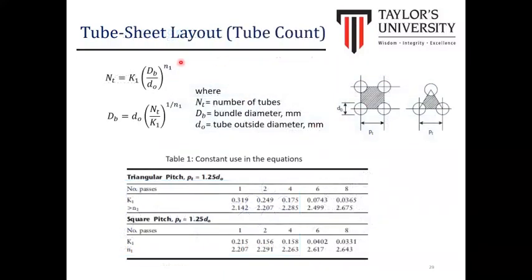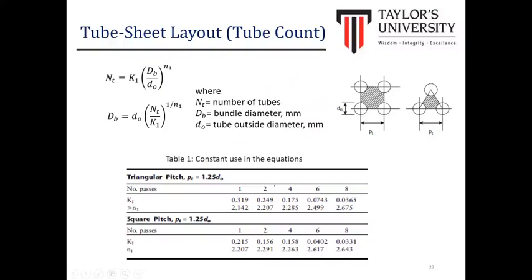To proceed with the detailed design of the tube sheet layout, or what we call the tube count, you can use this equation. For example, to determine the number of tubes, you may use K1 times (dB over do) to the power n1, where dB is the bundle diameter. Bundle diameter is the overall diameter of the total layout.